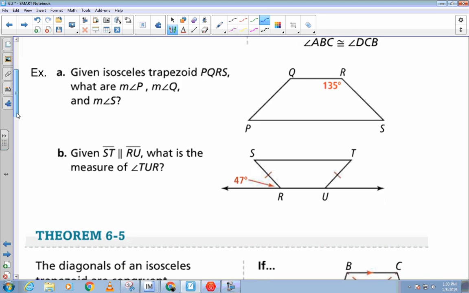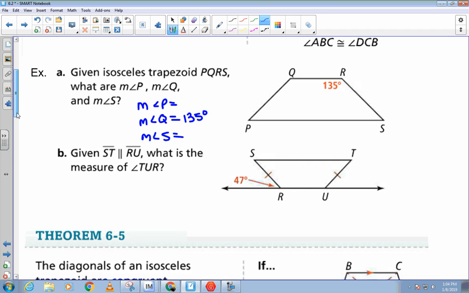Given isosceles trapezoid PQRS, I want to find the measure of angle P, Q, and S. Okay, so the measure of angle P, the measure of angle Q, and the measure of angle S. Alright, so what's the easiest one to find? Q, what's Q going to be? 135.